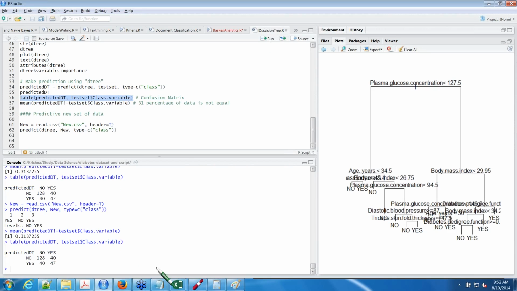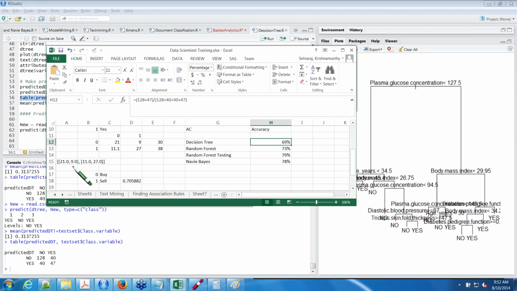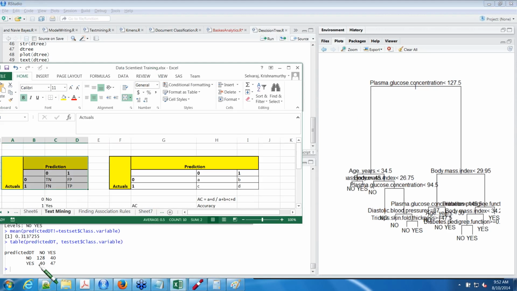So it gives a value like this. To interpret the confusion matrix, you have to do it like this. This is a confusion matrix table. You have to apply this data here. When you apply the data here, you will get 128, 40, 40, 47.